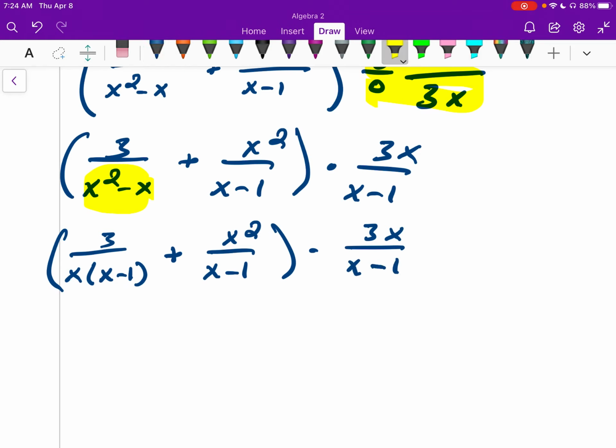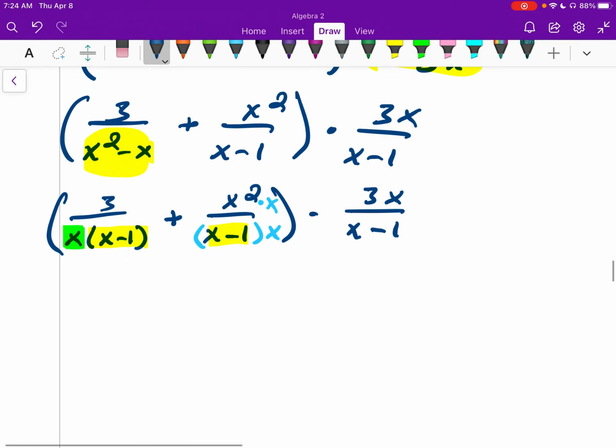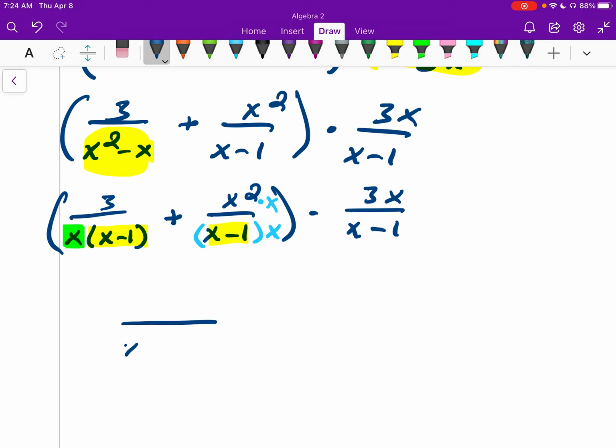From here, we can see that we have the x minus 1 in common, but we have an extra x on the left side. So the right one is going to need an extra x, and I could just kind of slyly write that in here. I'll put another x right there, and I'll put an x right there. So now, whenever I combine like terms, I'll have x minus 1 on bottom.